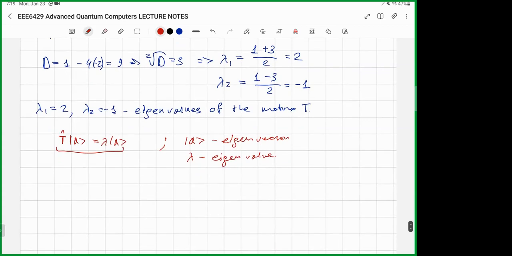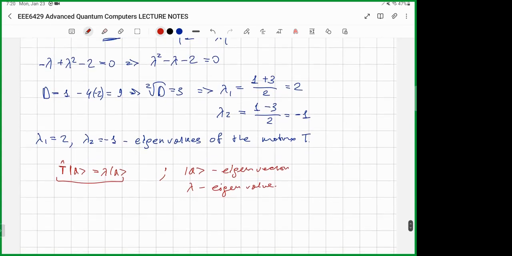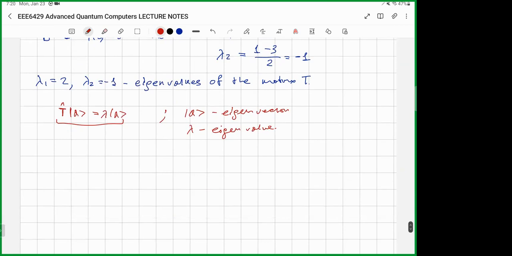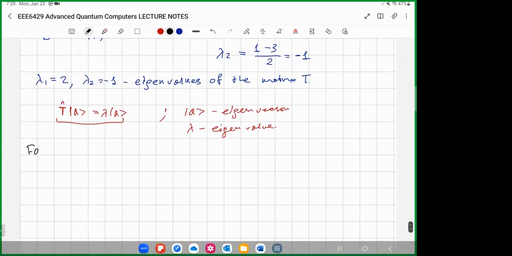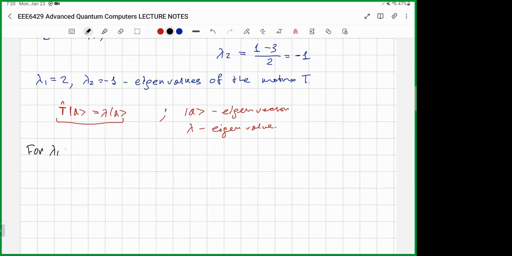And we already found the eigenvalues of this matrix. It has two eigenvalues. And now we just need to find the eigenvectors. So for that, let's choose the first one, lambda 1 equal to 2. We simply write this equation here.